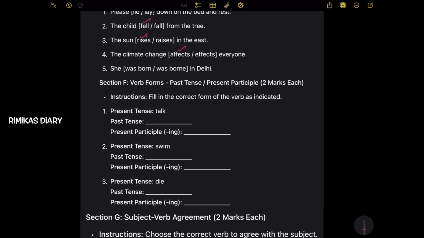Section F, verb forms: past tense, present tense. Instructions: fill in the correct form of the verb as indicated. Present tense, talk. Past tense, talked. Present participle, talking.